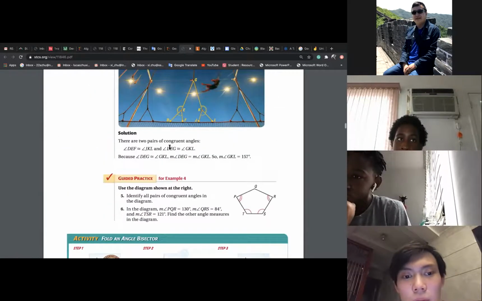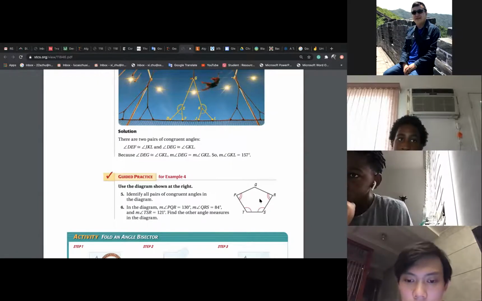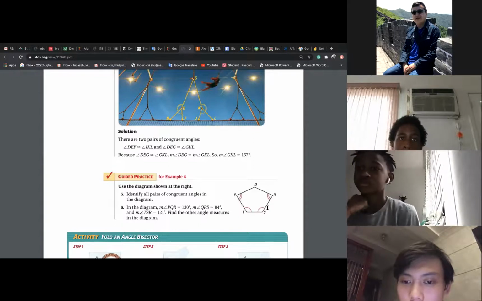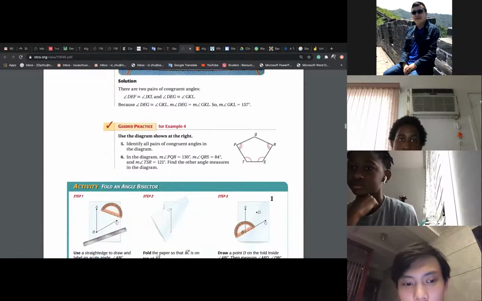Just by looking at the diagram, you can know that angle PTS and angle TSR are congruent, because they have the same red line. And over here they have two same red lines, so it's telling you that angle QRS and angle QPT are congruent. See? Okay.